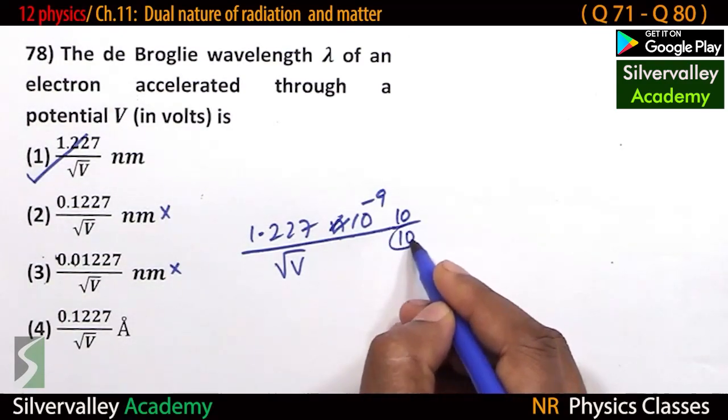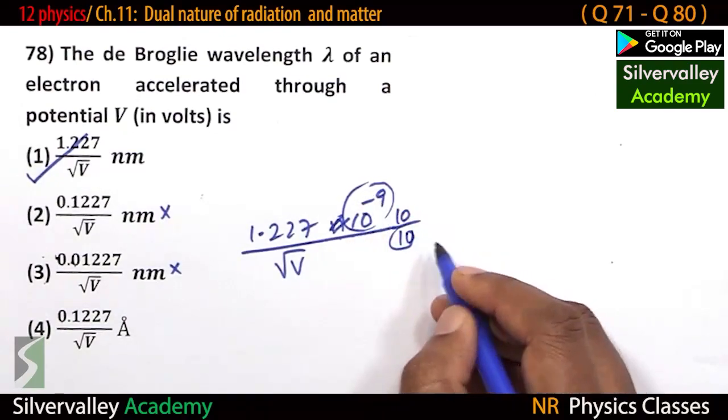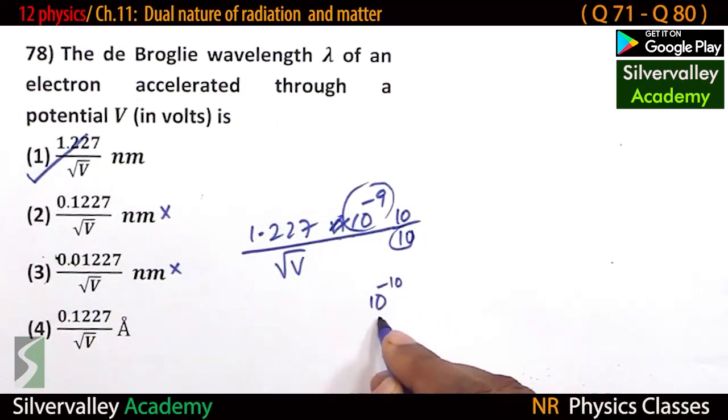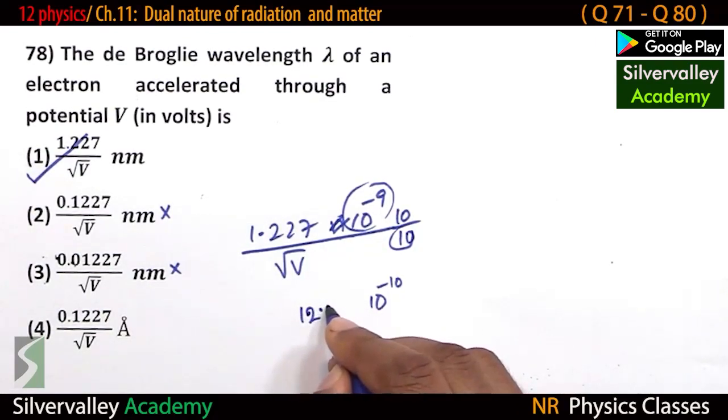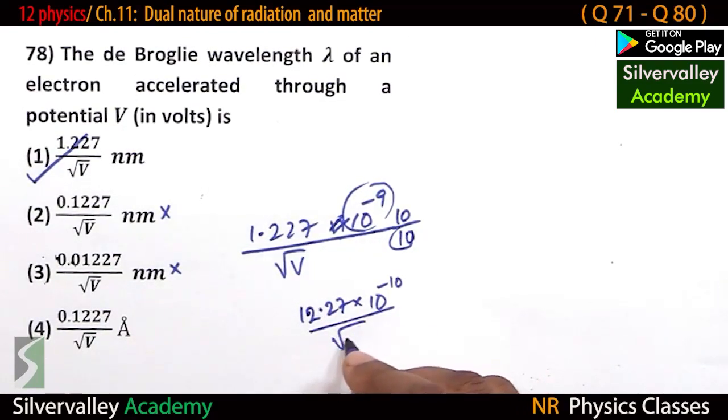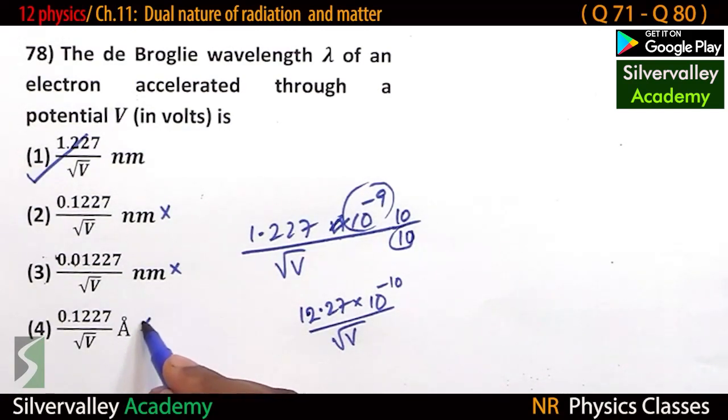This 10 power minus 9 gives 10 power minus 10, which is angstrom. 10 into this is 12.27 by root V. So it should be 12.27, not 0.12. Therefore, in angstrom, this equation is wrong.